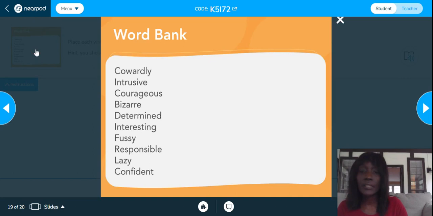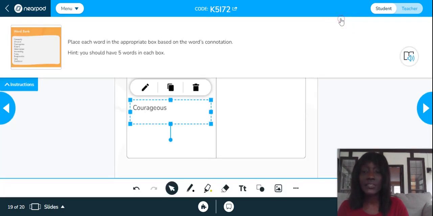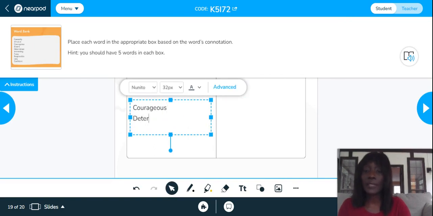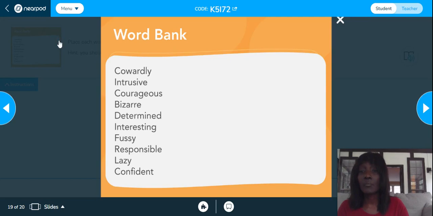The next words are bizarre, determined, and interesting. I think determined is a good positive connotation. Interesting could be a good positive connotation, provided that the sentence has context clues that make the word interesting positive.